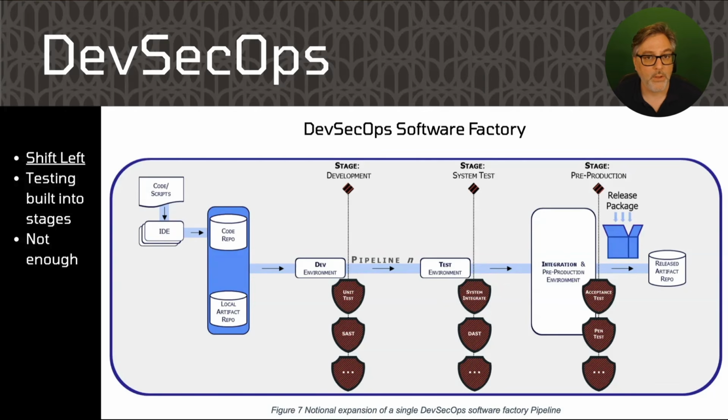Now, when we look at a software factory in the DevSecOps concepts, what we see is that there are a series of stages of tests that are added to the CI/CD pipelines at the various testing stages, at the various logical gates. You have these same tests in a DevOps pipeline, such as unit tests, system integration, and acceptance testing.